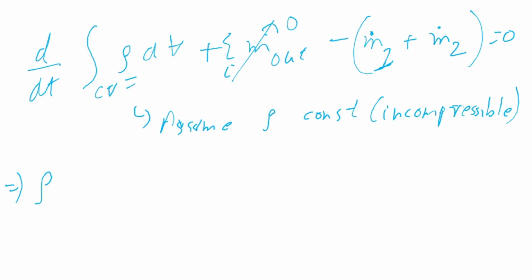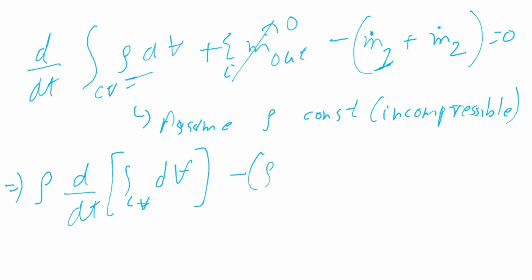You have rho can be taken out of this integral and the time derivative because density is constant, right? So you have d dt of this integral of cv dv, and I'm just breaking it down into further steps so that you clearly see what's happening. And then you have the mass flux of the two inlets, so it is rho 1 a1 v1 plus rho 2 a2 v2 is equal to 0.